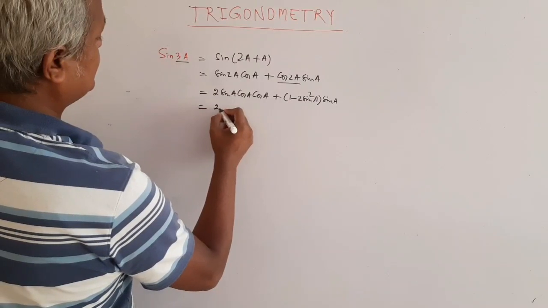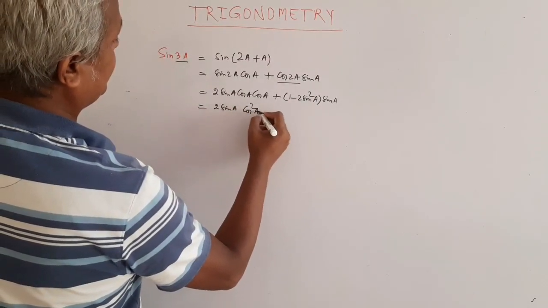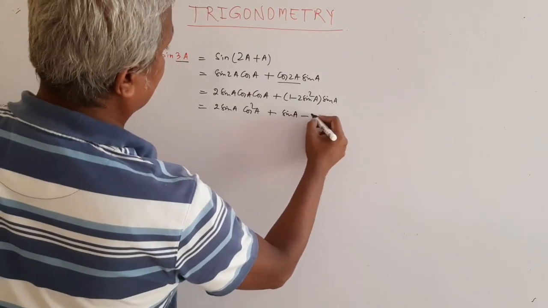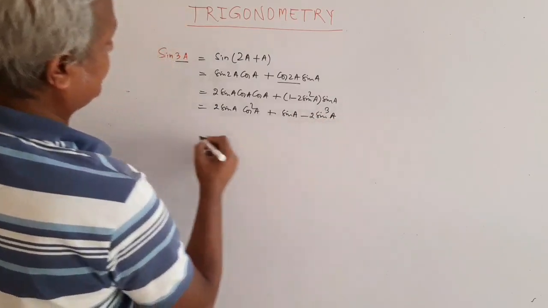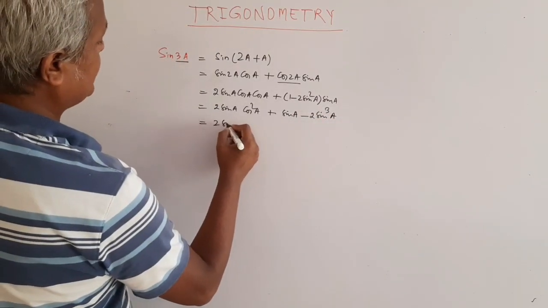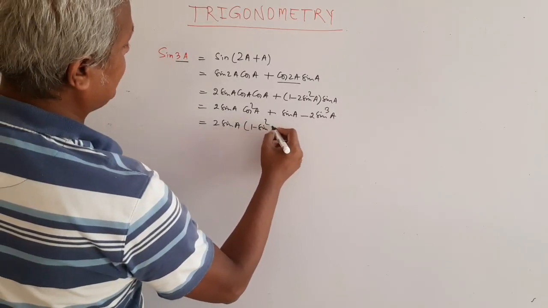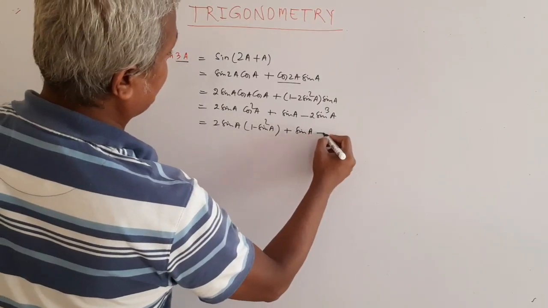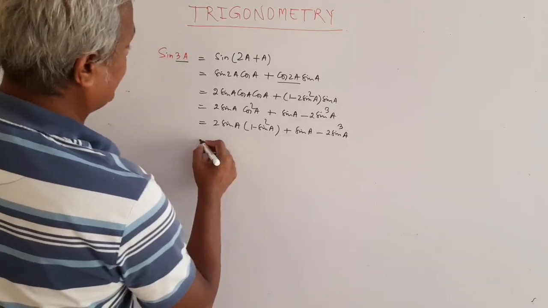So this becomes 2 sine a cos square a plus sine a minus 2 sine cube a, and 2 sine a, this is 1 minus sine square a plus sine a minus 2 sine cube a.